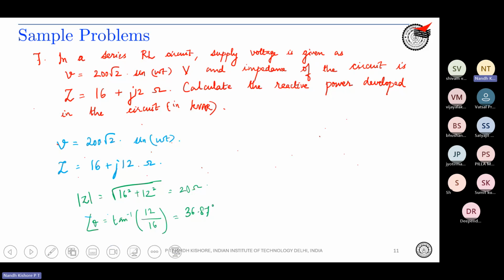So you can write Z is equal to 20 angle 36.87 degrees. Correct? So from here, we have to find out what is the reactive power.